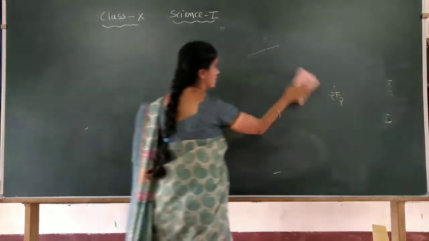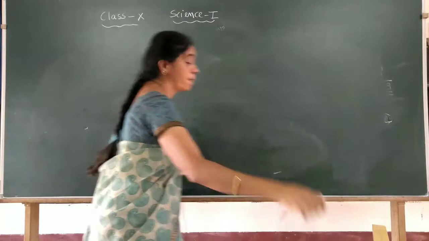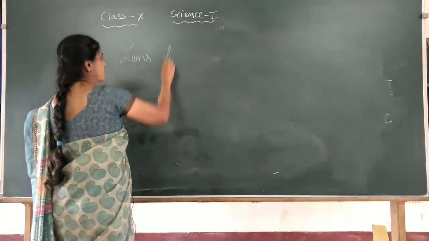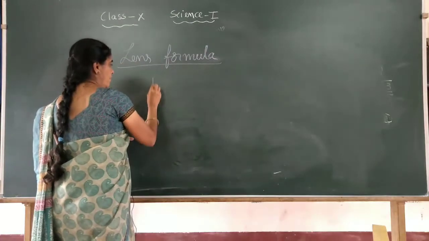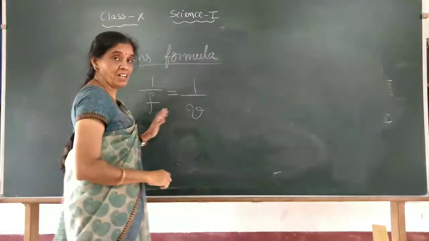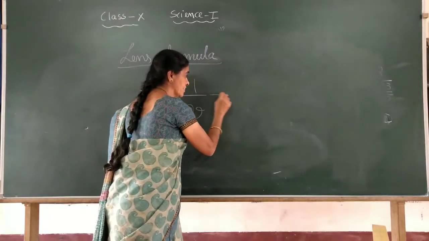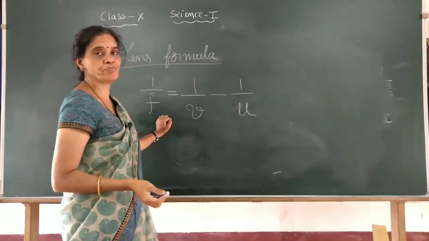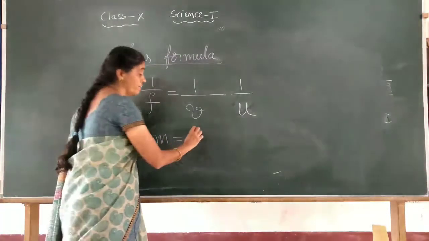Now we will learn the formula for the lens, because it is slightly different. The lens formula is 1 by f is equal to 1 by v, not plus here. Plus is for a mirror; for the lens it is minus, which you have to observe: 1 by v minus 1 by u, and the magnification m is given by v by u.